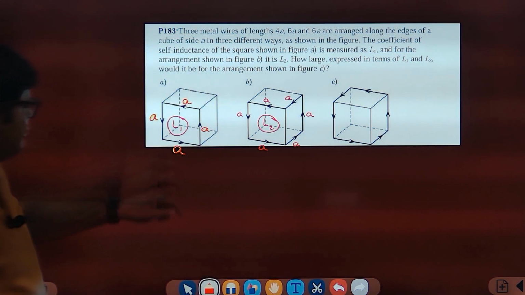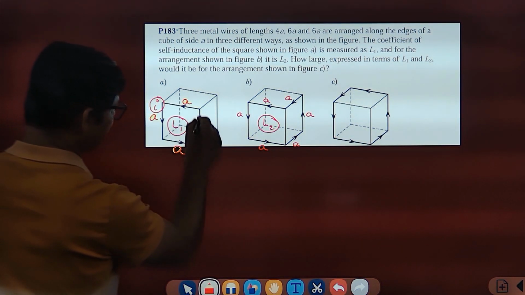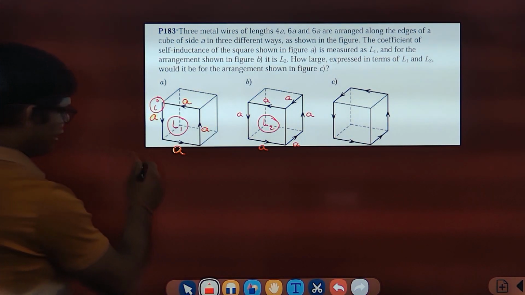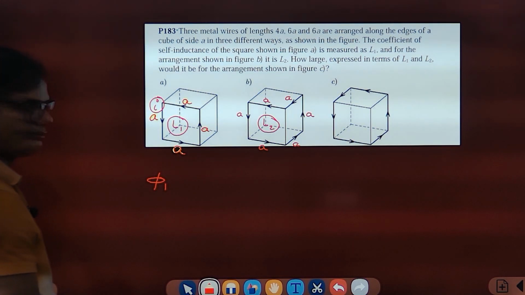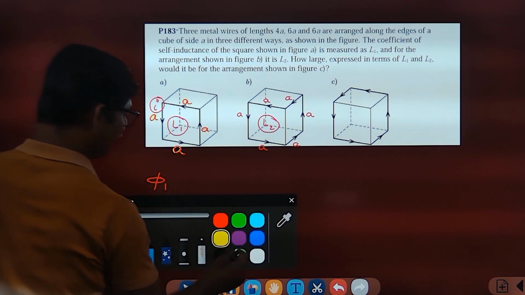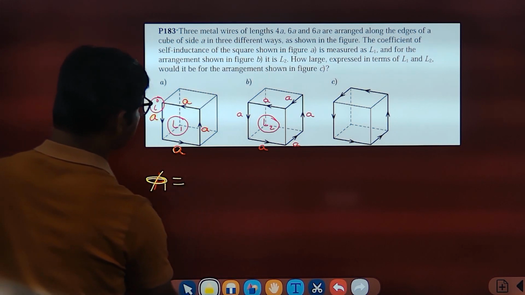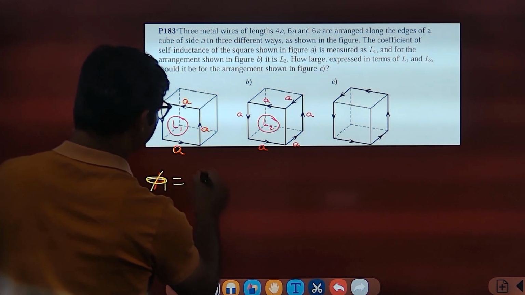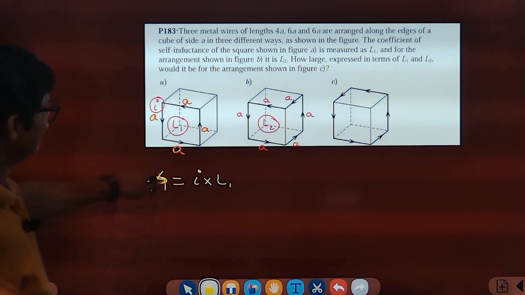Inductance of this is L1, meaning that if I amount of current is flowing in this loop like this, and the flux linkage in the loop, if I call it phi 1, this phi 1, flux linkage through loop 1, is equal to I into L1. This is the flux linkage through this loop due to this current.